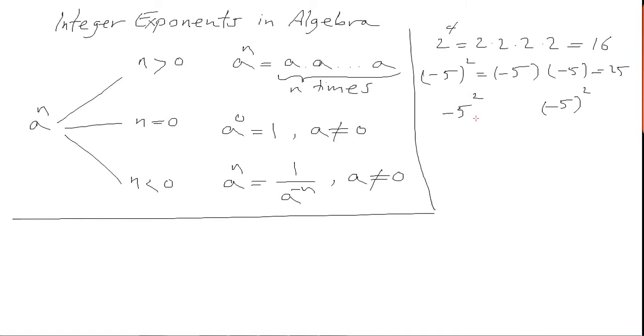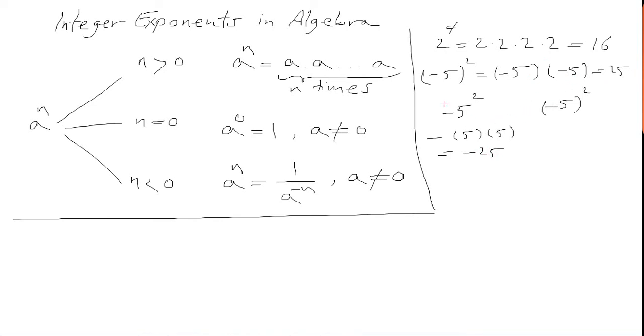So this is negative 5 times 5, which is negative 25. So as you can see, first 5 is raised to the power of 2 and then the result 25 is multiplied by negative, gives you negative 25. But this one, as you can see here, it's negative 5 multiplied by itself, which is 25.